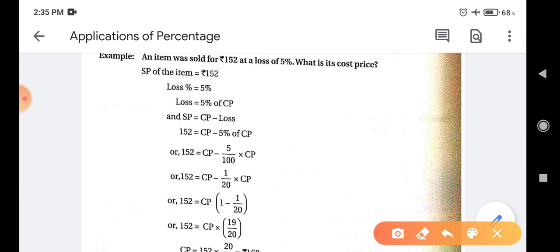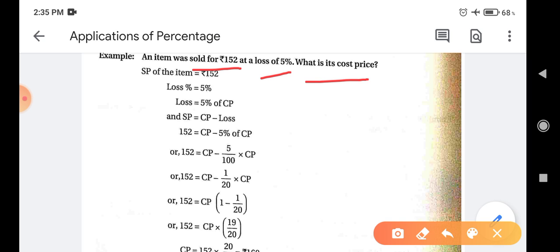Next question, an item was sold for rupees 152 at a loss of 5%. What is the cost price? Here you are given loss. In the previous example we were given profit, but in this example we are given loss percent.